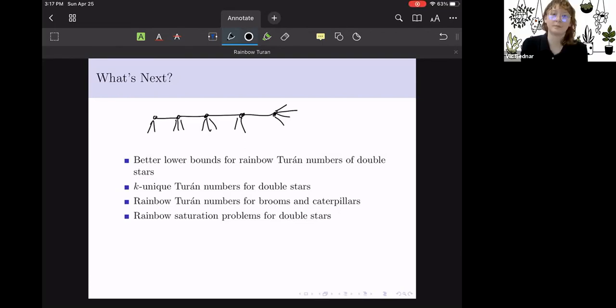And here I was wondering, is there a similar result for hypergraphs? I'm not exactly sure. I don't think that there's anything that specific about hypergraphs.